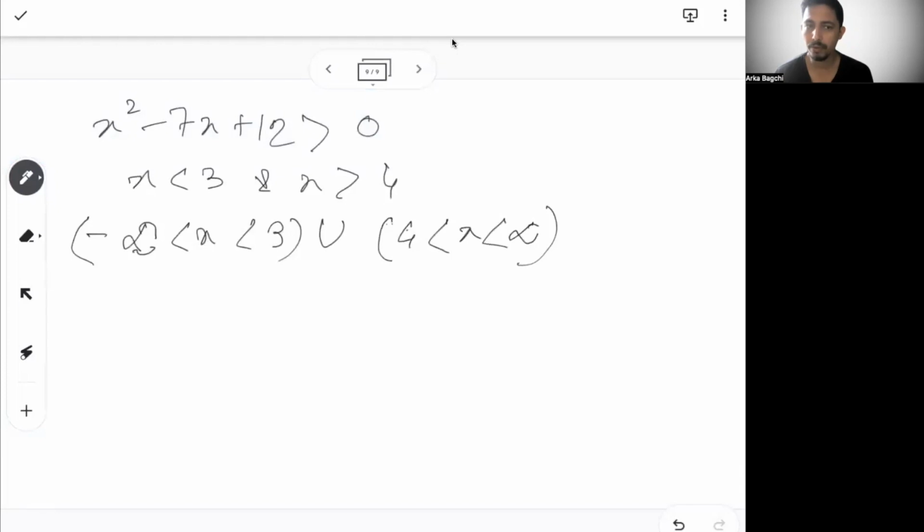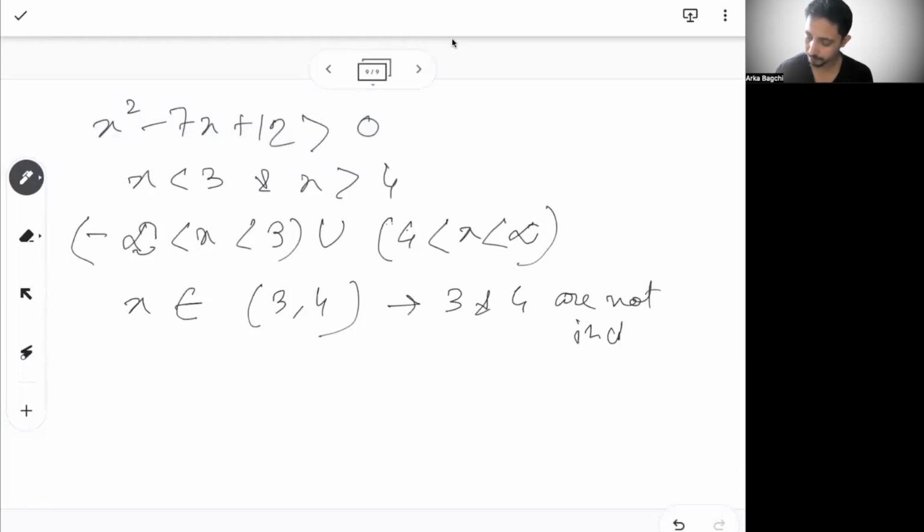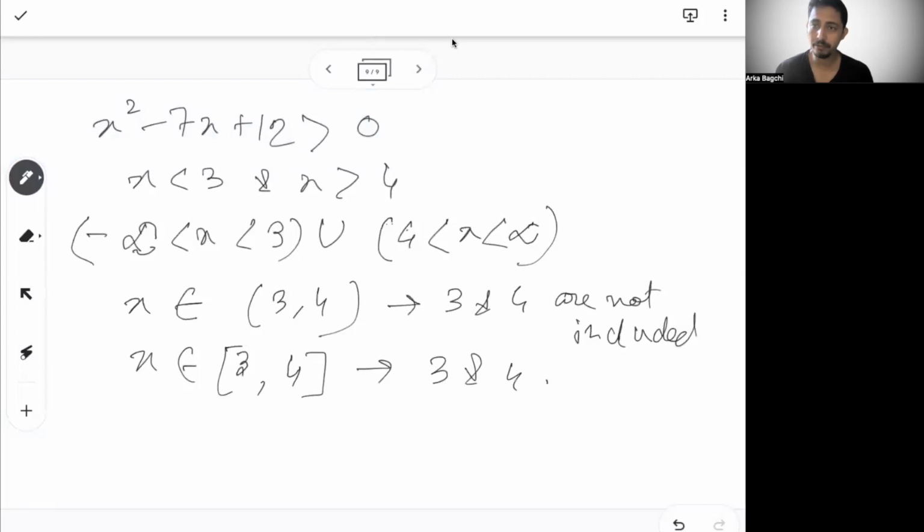Now also understand one part. When I say x belongs to, and this is a belongs to sign, x belongs to 3 and 4 with both first parentheses, that means 3 and 4 are not included. But if I write x belongs to 3 comma 4 with both third brackets, that means 3 and 4 are included.